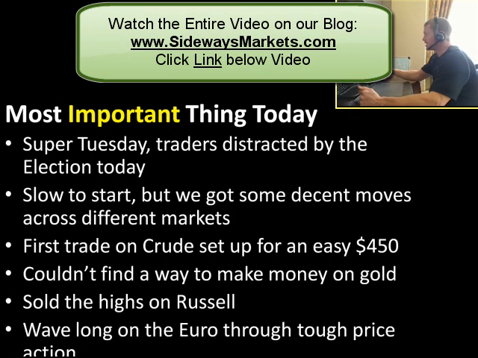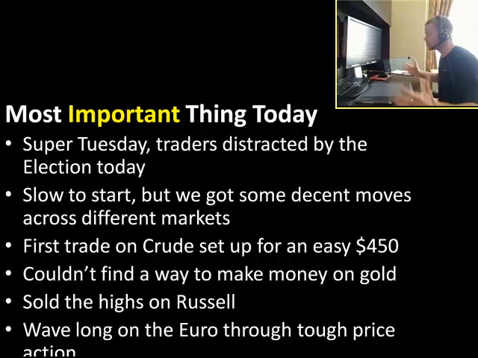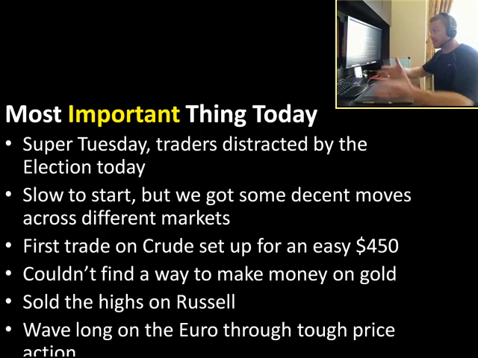Now, what happened today? Well, again, Super Tuesday. Instead of taking day trades, traders were thinking about who they were going to vote for and when they were going to vote. So traders were distracted this morning. In fact, I'm looking for a good time right now to get out of here and do mine. But obviously, day traders are always focused on their trading, but today most of them were focused on the election. So we saw low volume. It was a slow start to the day.